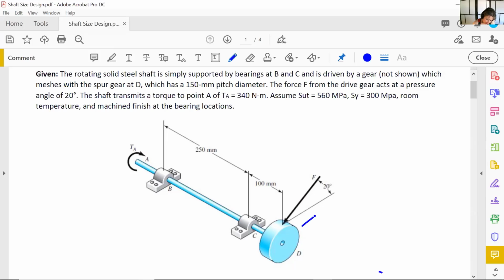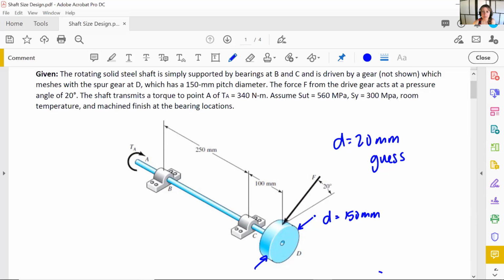The pitch diameter was given as 150 millimeters, so something that's obviously less than 150 millimeters. Just eyeballing the figure, I'm going to pick 20 as my first guess. And we'll see what we get.